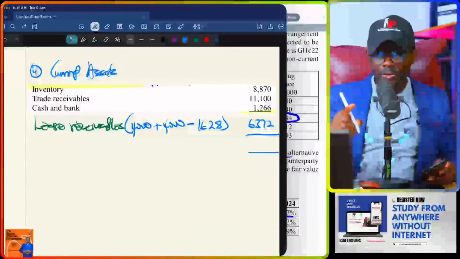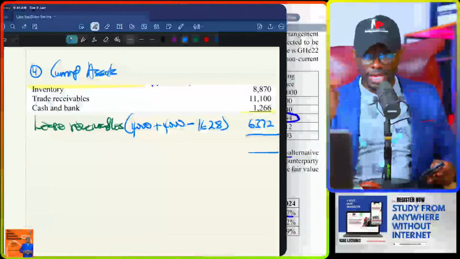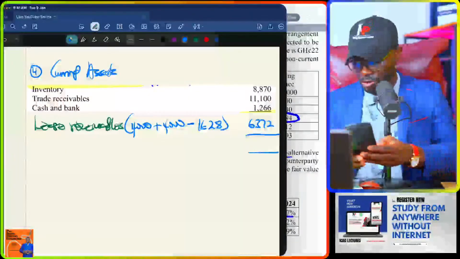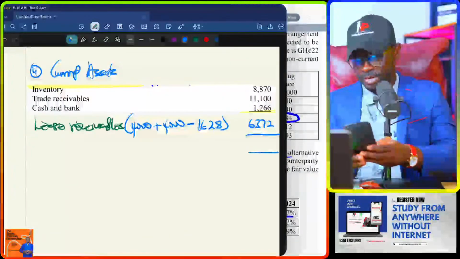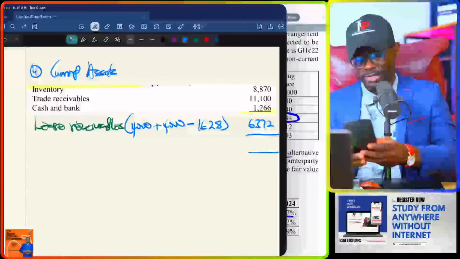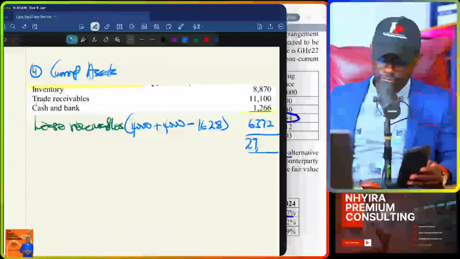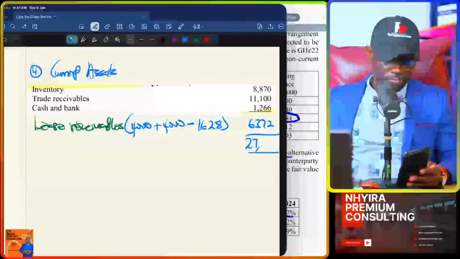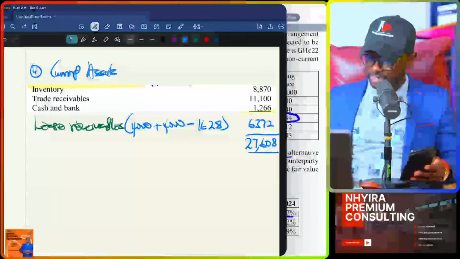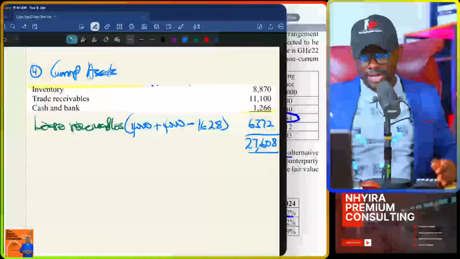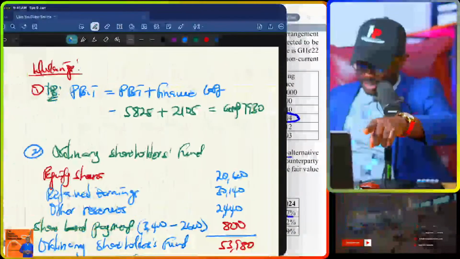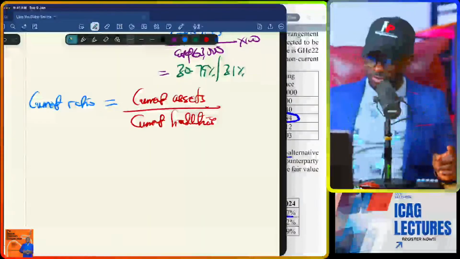That is how we get the total current assets: 6372 plus 1266 plus 11,100 plus 8870, and that is 27,608. So 27,608 is our current assets. We can come back to our workings.